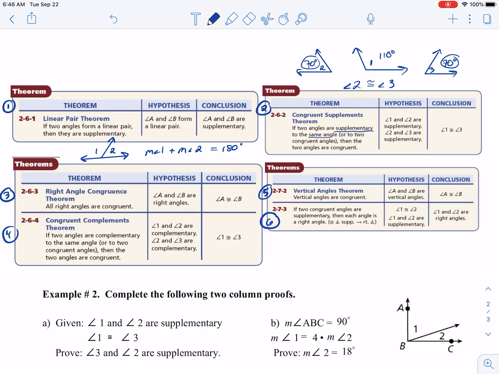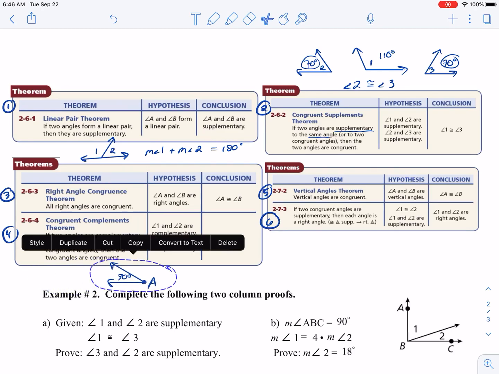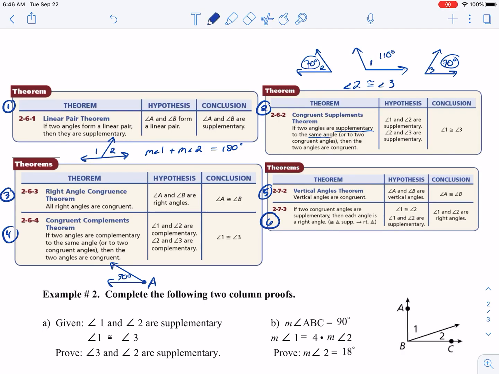So if we have two angles that are complementary to the same angle, those two angles must be congruent. Let's draw another example down here. Say we have angle, let's label it. We have angle A is 30 degrees. If angle A is 30 degrees and angle B is 60 degrees, these two angles, angle A and B, they're definitely complementary.